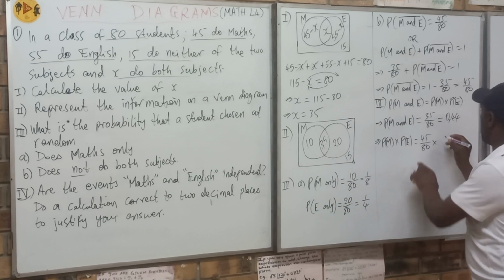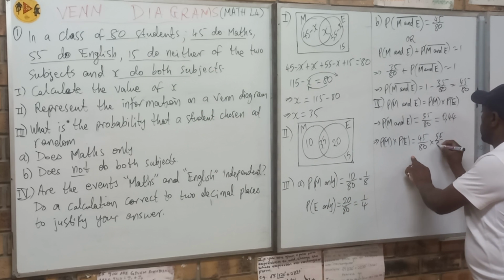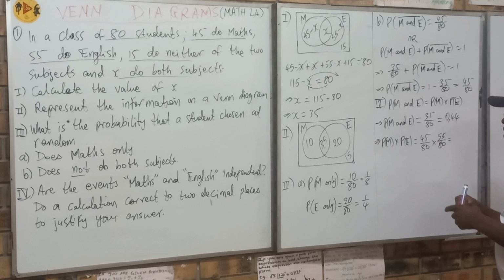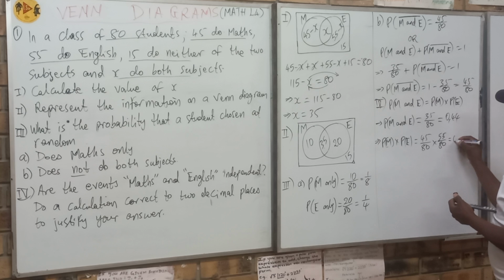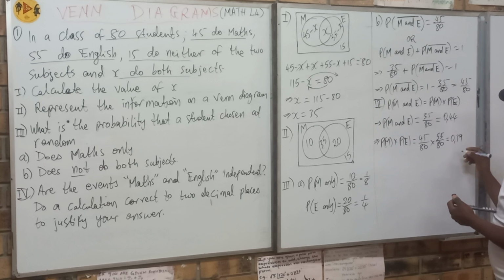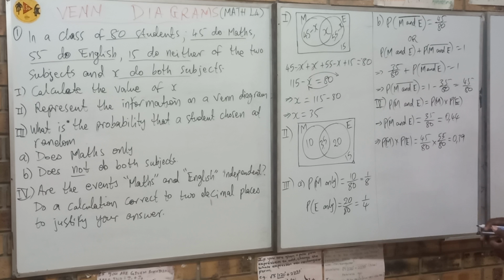So we get 55 out of 80. Then I will calculate that correct to 2 decimal places and see what it gives me. So 45 on 80, multiplied by 55 on 80, gives me 0.39. So if you compare the 2 answers, you can clearly see that the 2 answers are not the same.